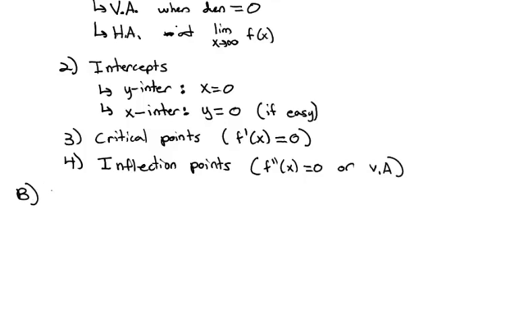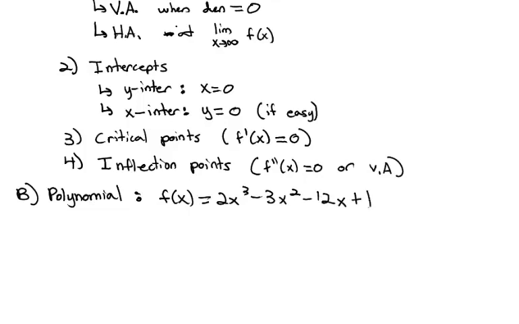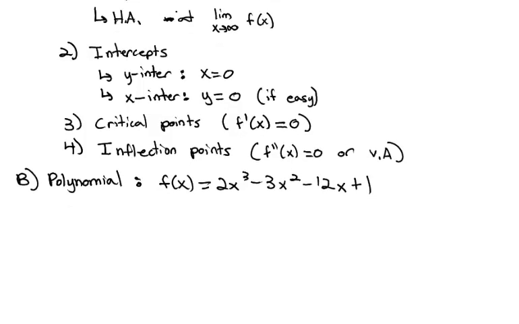Our first example is we're going to graph a polynomial. We're going to graph f of x equals 2x cubed minus 3x squared minus 12x plus 1. Finding all the parts, first we want to find any asymptotes.